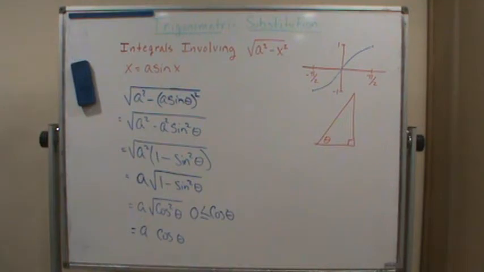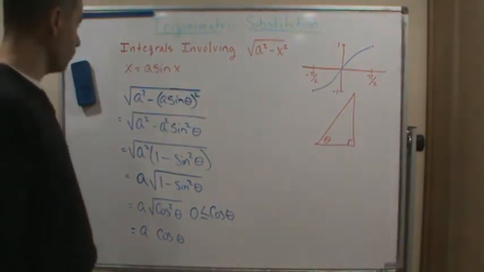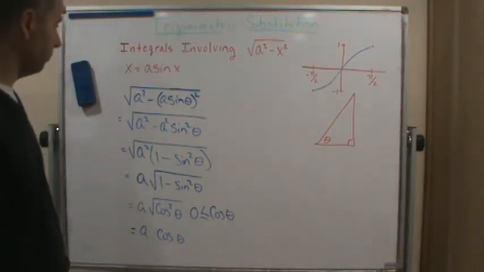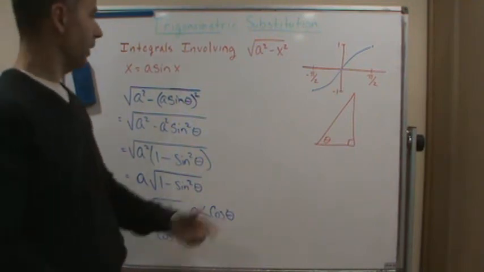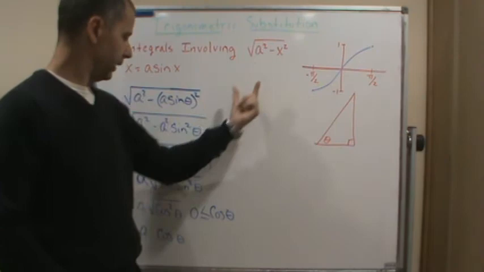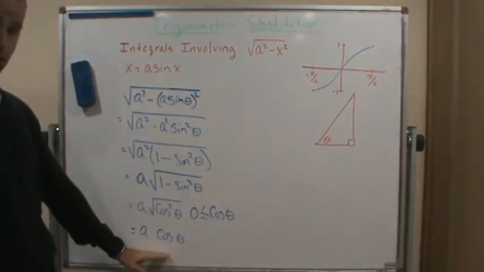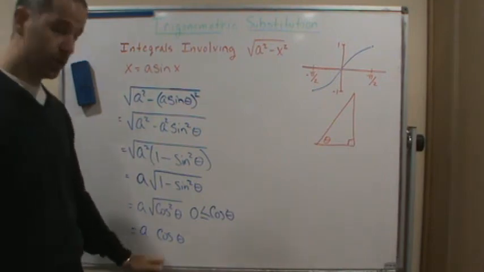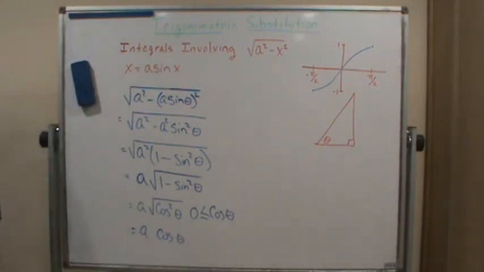So what we did was, using the substitution, we transformed this expression into an expression involving trig functions, which we know how to handle. After we evaluate the integral, then we can convert back to x.